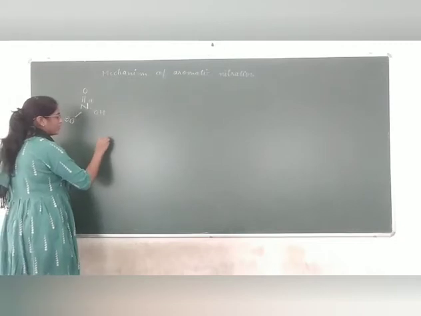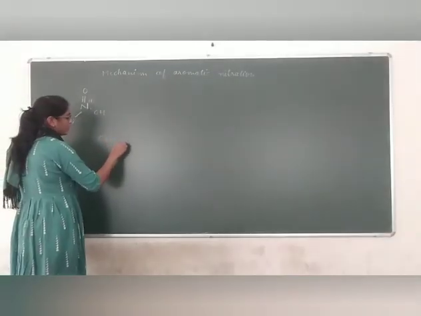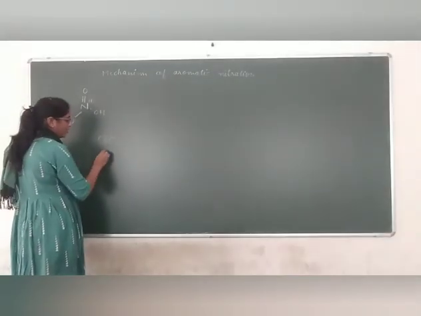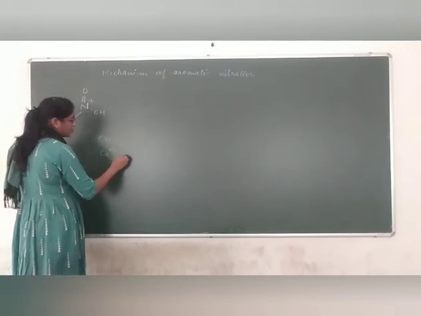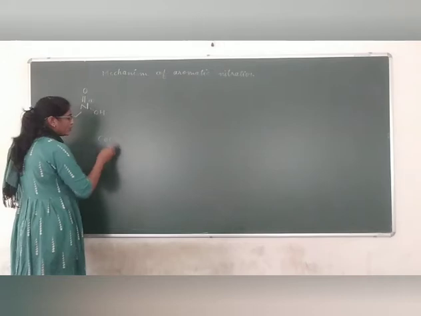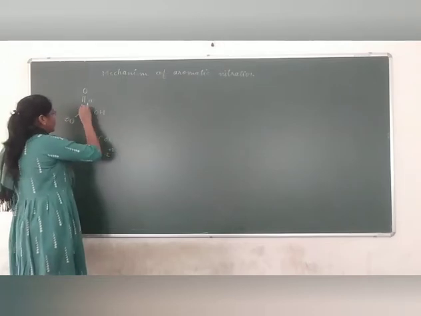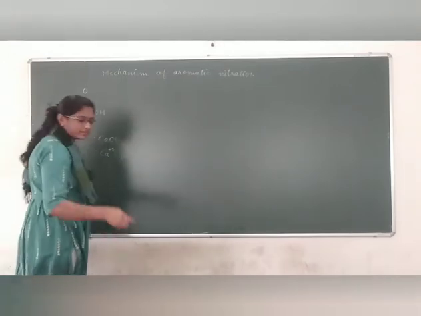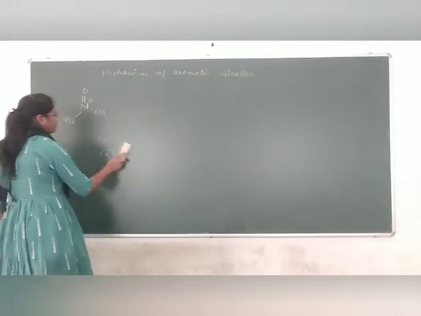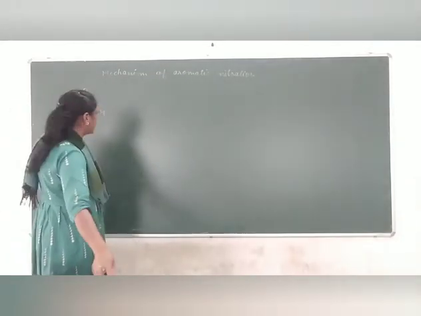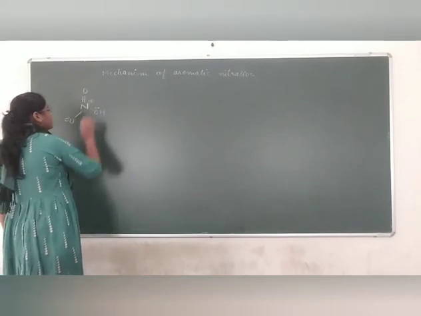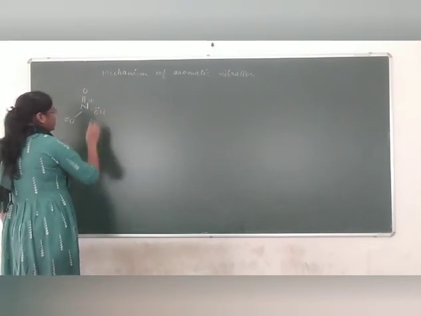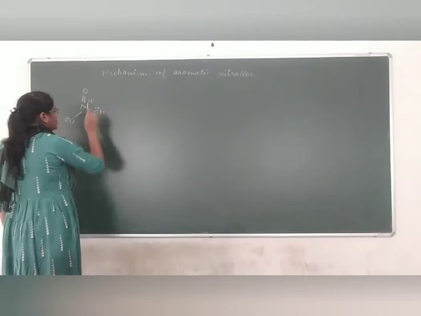Because in the case of CaCO3, we can write like this, or we can also write Ca 2+ and CO3 2-. So this is the same for both. We can draw the structure of HNO3 like this, with a lone pair on the oxygen atom.